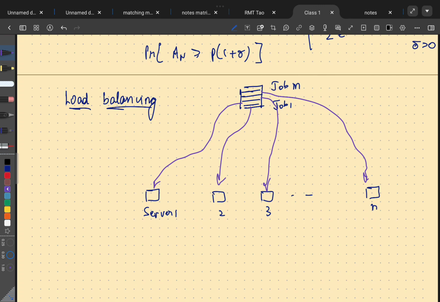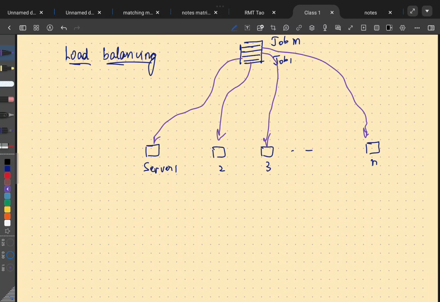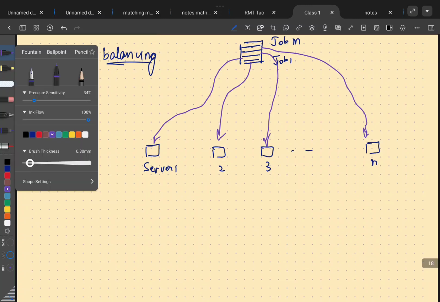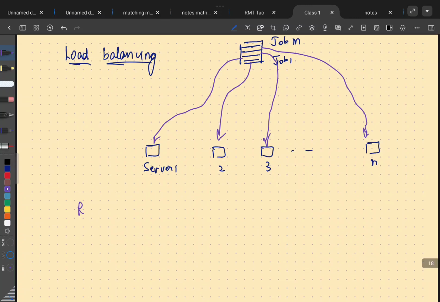So in the absence of such a central controlling unit, one approach is you get a new job, you just randomly allot one server to it. So given a new job, allocate it to a server that's chosen uniformly at random from the set of servers.